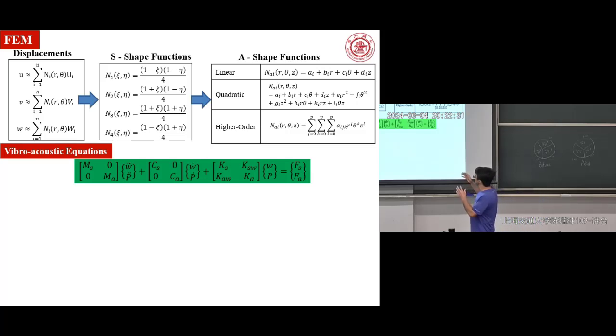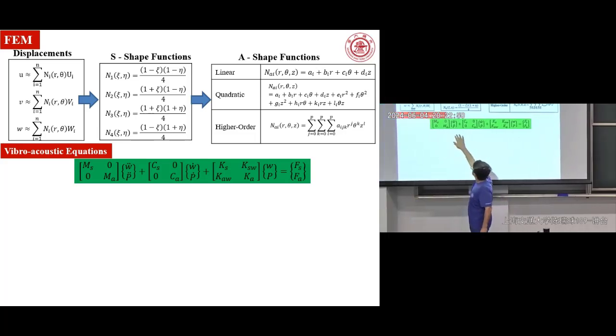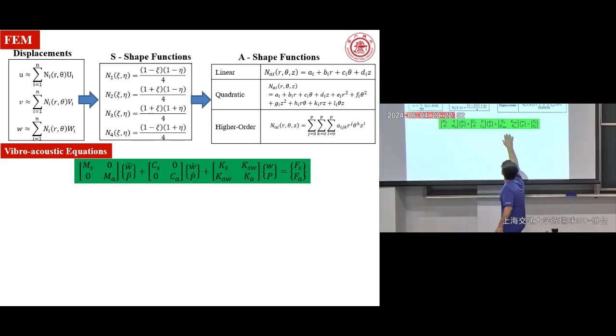It's a finalization of the model to show the vibro-acoustic equations. So it's famous as Newton's second law equations. So it's the M matrix, the C matrix, and the stiffness matrix.